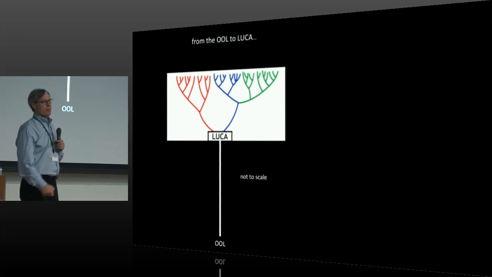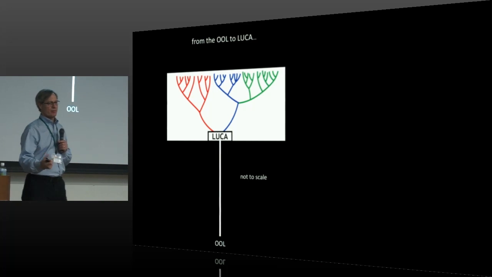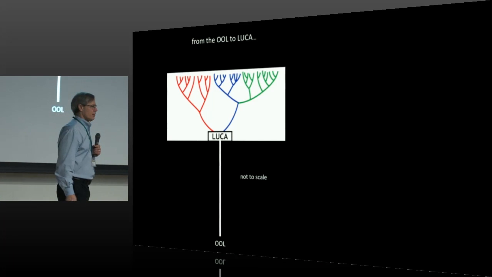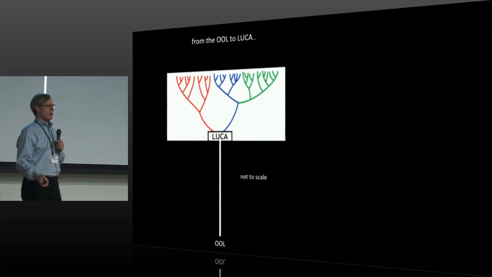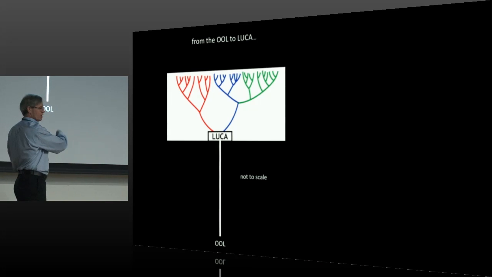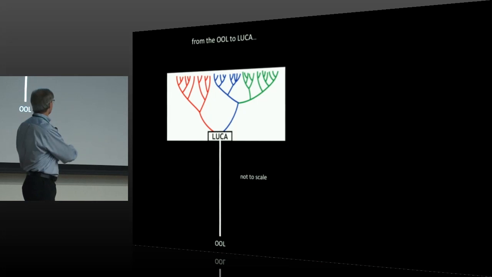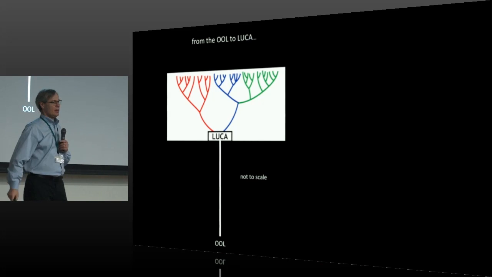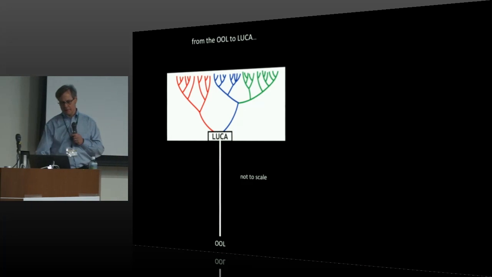For background, you should know that the translation system was done at LUCA. So when you talk about the origin and evolution of the translation system, you're really talking about things that happened before LUCA. If we can understand the origin of the translation system, we are looking really far back in time, 3.8 or 4 billion years ago, depending on when life originated.